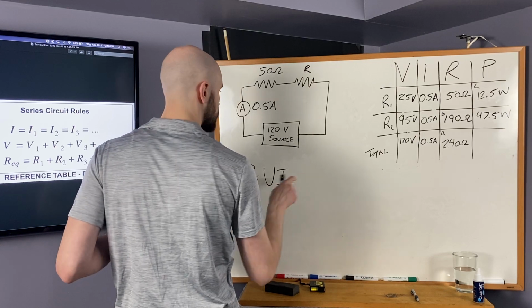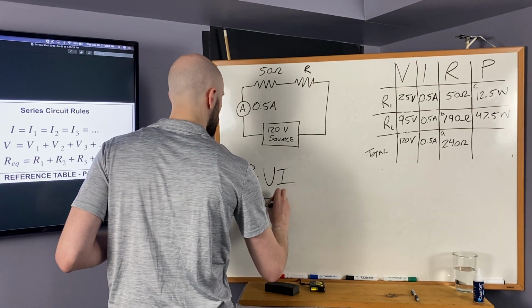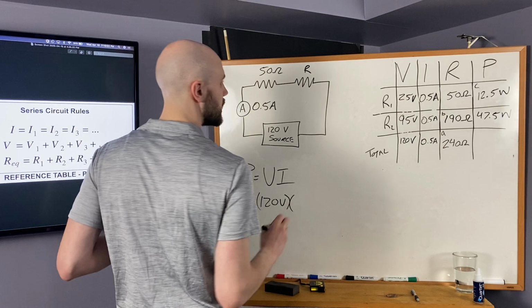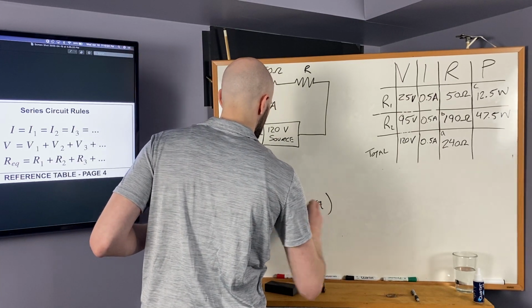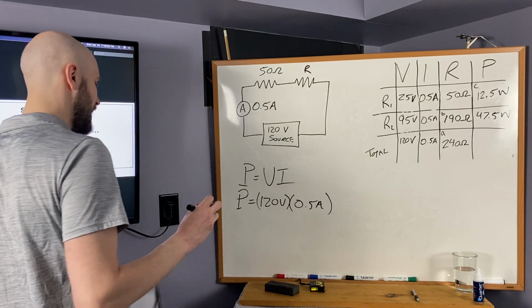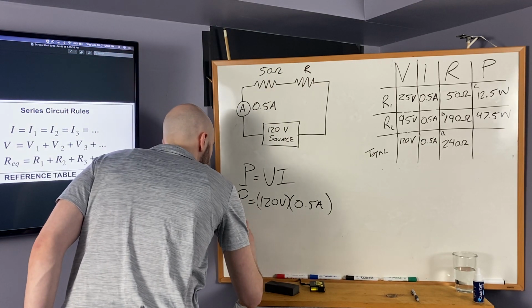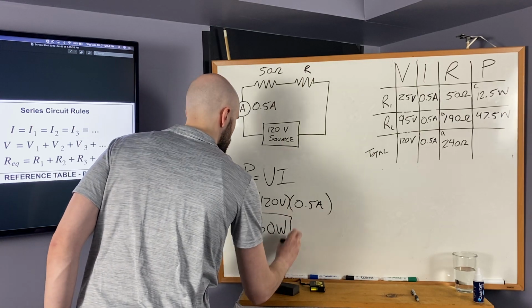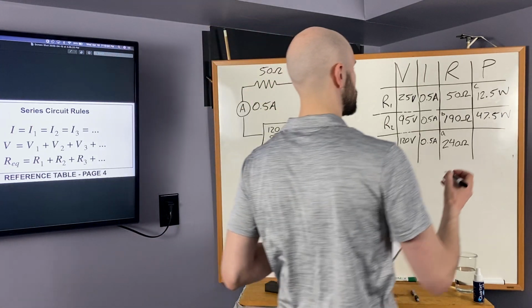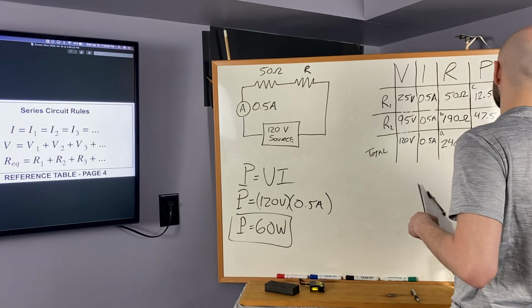Looking at the total row, 120 volts multiplied by half an amp. 120 multiplied by a half is simply 60. Total power dissipated by this circuit is 60 watts.